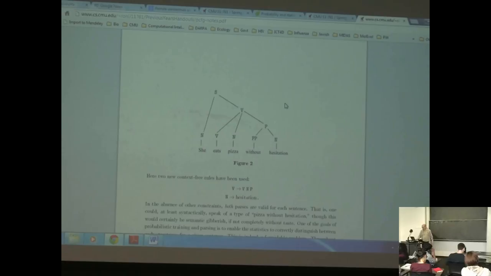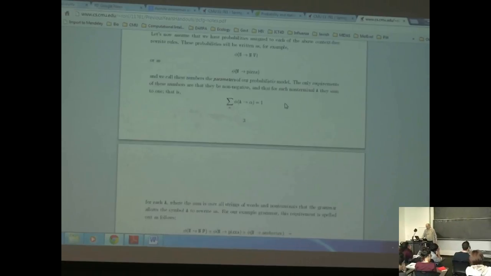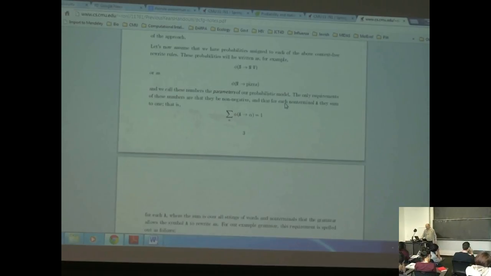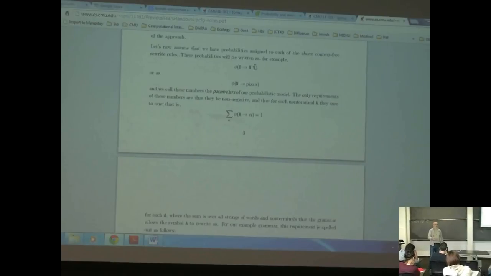So this is sort of our training data, let's say. And here are the two kinds of transitions, two kinds of probabilities we have. They're all with a phi letter. One is the production within the context-free grammar. So you take one non-terminal and you produce two non-terminals. As you probably know, any context-free grammar can be converted to this normal form where all the productions are of this type, either from one non-terminal to two non-terminals or from one non-terminal to a terminal.